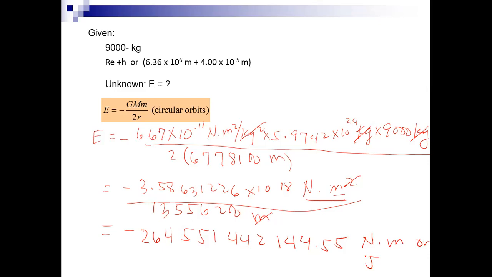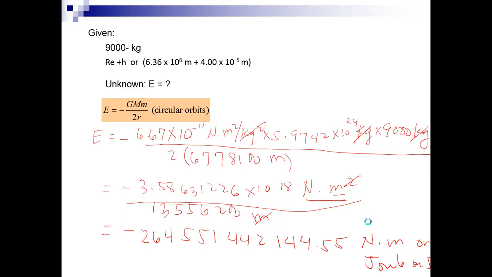Kasi alam mo naman ang unit ng energy is joule. Or simply J. Yan, lumipat tuloy siya. Okay, simply J. So, ayan yung sagot natin, class. Again, pwede mo siya i-convert, gawing exponential, negative 2.65 times 10 to the 11th power.